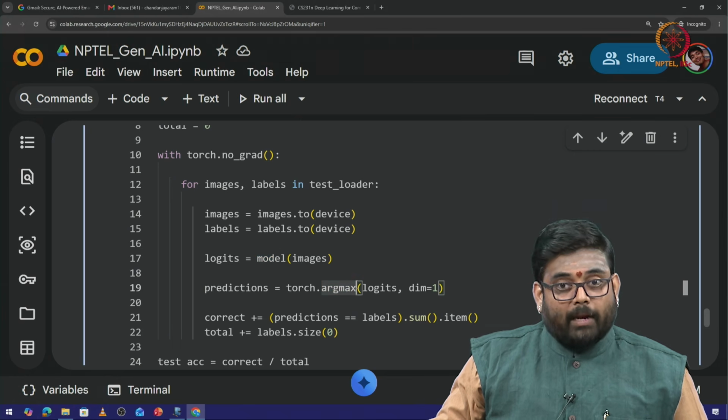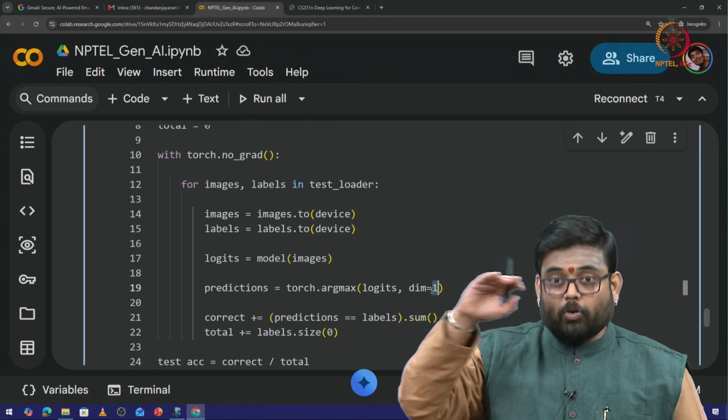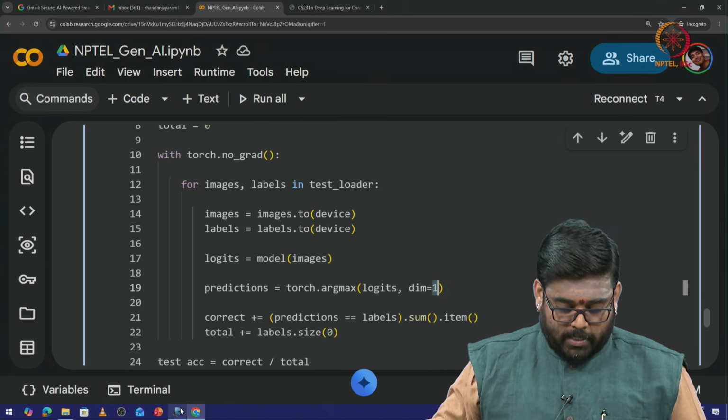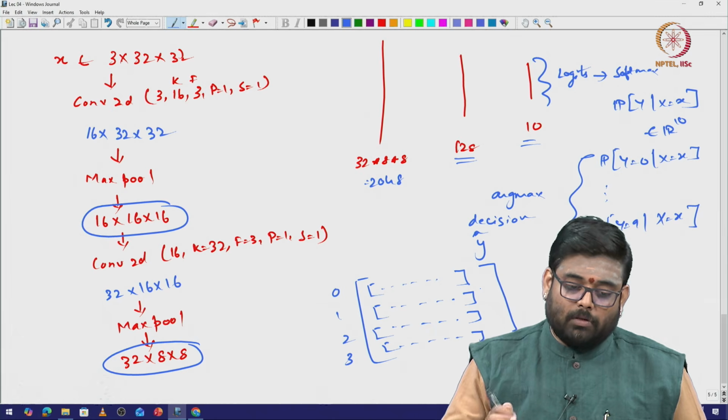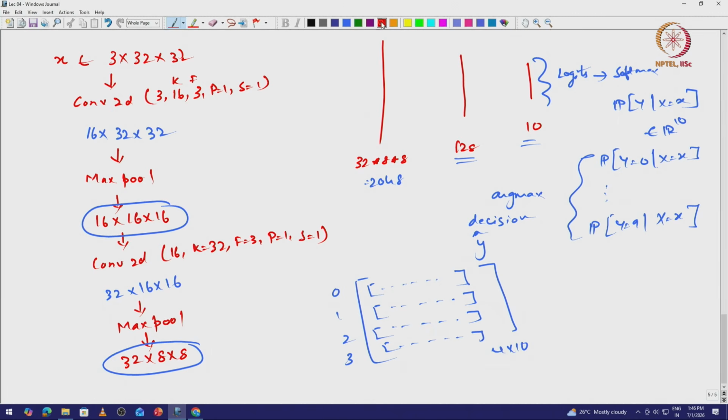Take the argmax of those logits in dimension 1, that is with respect to the column. Now you want to find the argmax for the elements of this column, therefore you go ahead with dimension equal to 1.